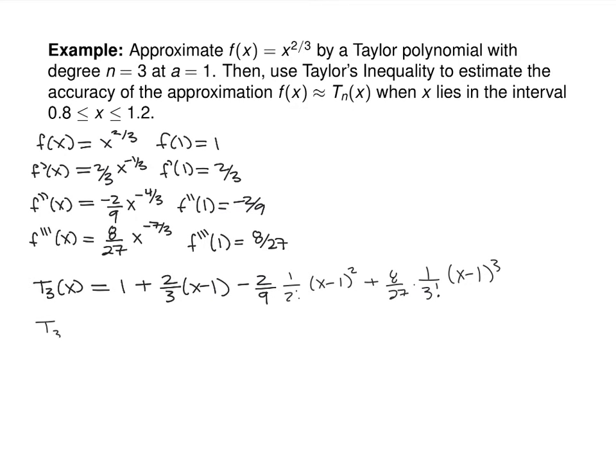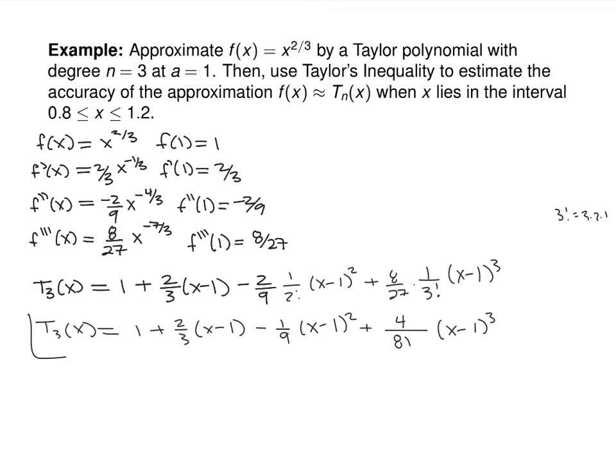So simplifying slightly, that gives us 1 plus 2/3 x minus 1. 2 factorial is just 2, so those 2s cancel, giving us negative 1/9 x minus 1 squared. And 3 factorial is 3 times 2 times 1, so that 2 can cancel with that 8, giving you 4 over 27 times 3, which is 81, x minus 1 cubed. So there is the third degree Taylor polynomial.